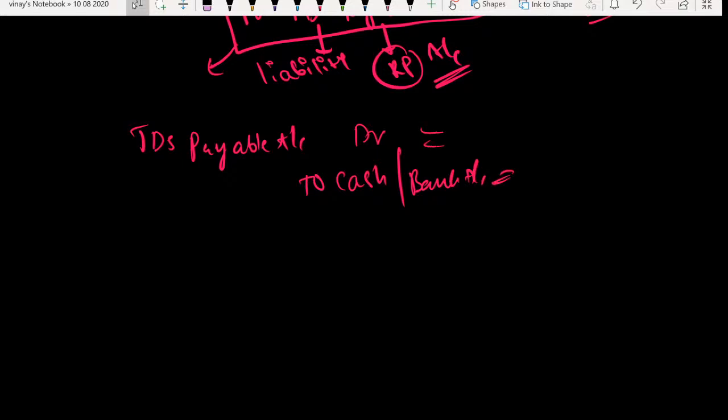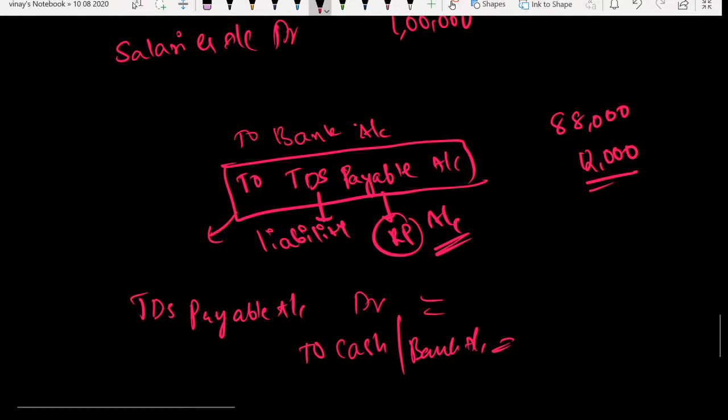You may have heard in your income tax, if you read about business or professions, what happens if you have not deducted TDS. First case, what happens if you have not deducted TDS and you made the payment. Second, what happens if you deducted the TDS but haven't paid to the government. And third, what happens if you deducted the TDS and made the payment to the government in the next year.